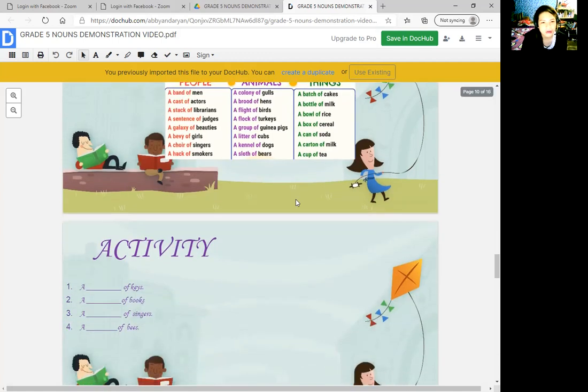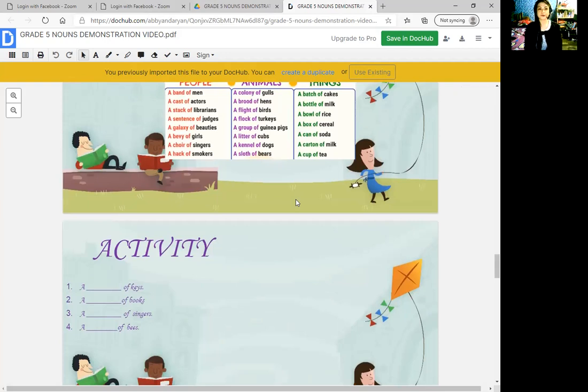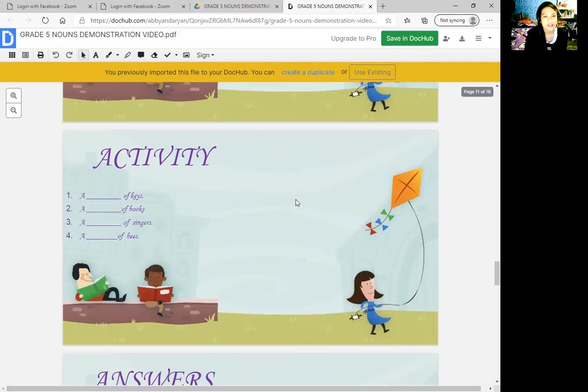I have here four sentences. I need you to write down on your piece of paper the correct collective nouns that you can use for these sentences, okay? For example, sentence number one: a blank of keys, a blank of books, a blank of singers, a blank of bees.